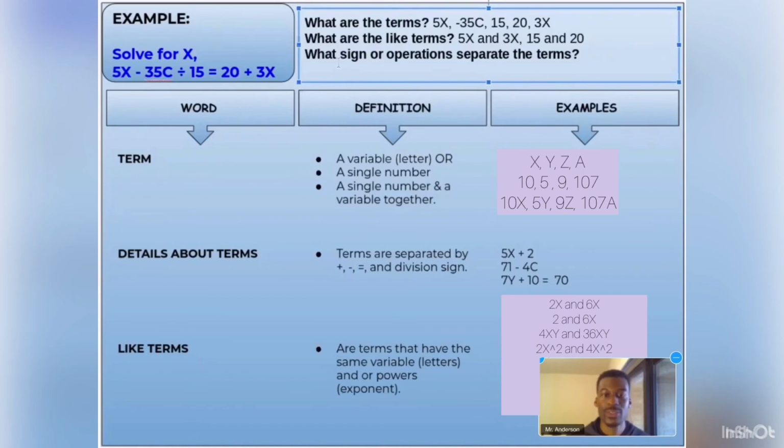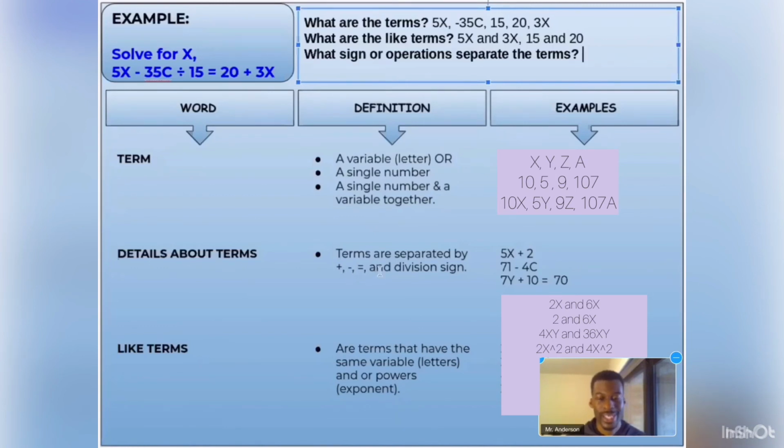And then it says, what sign or operation separate the terms? Well, if we look right back down here where it says details about terms, it's pretty much the same answer, okay? You have your minus sign, your division sign, your equal sign, and your plus sign that separate the terms. So let me just write that in here. So minus sign, the division sign, I'm going to actually write that in.